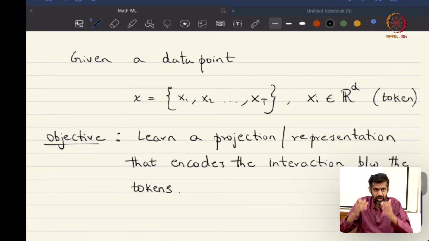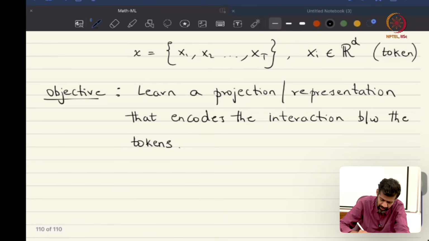This is the goal. Now, given this data, learn a projection phi, okay, such that the output of this projection has to be in such a way that it tries to capture the interactions between every pair of tokens. So, that is what the goal is. Now, how do you accomplish this is the question.